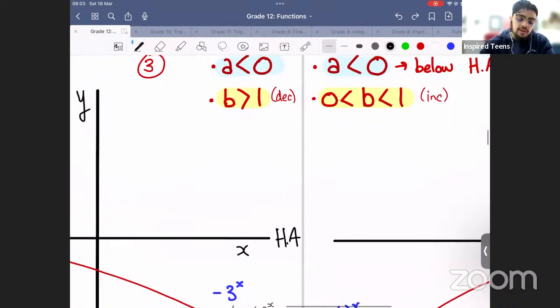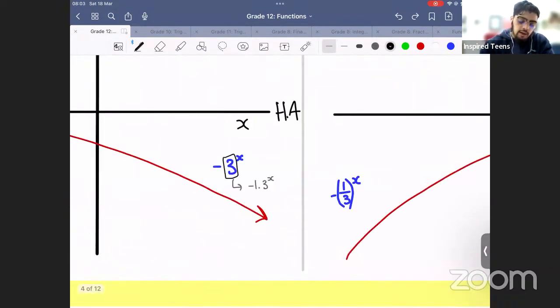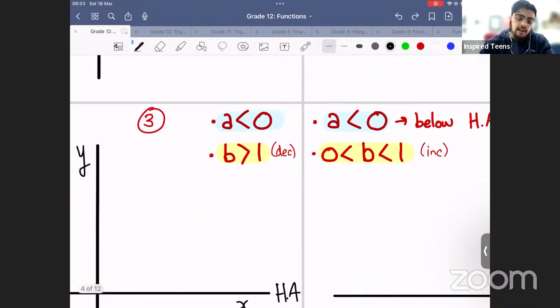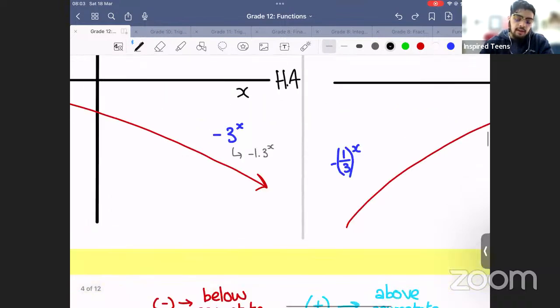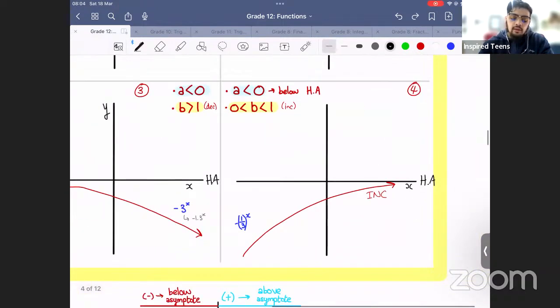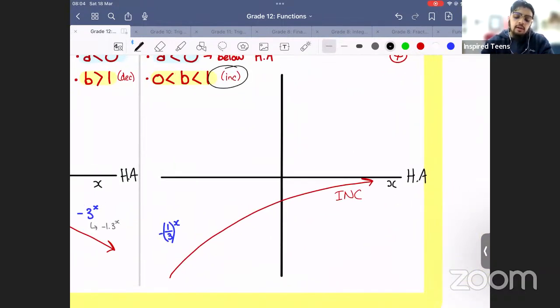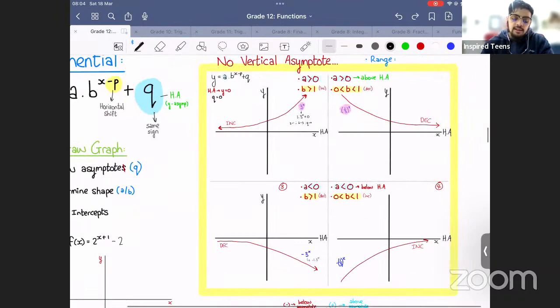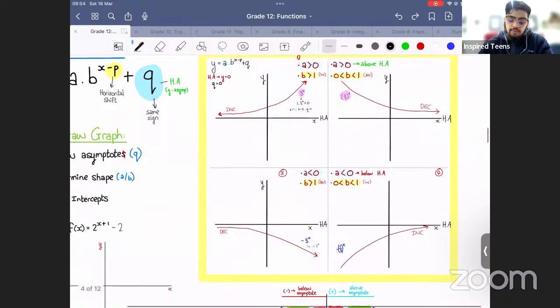Remember we're just considering b, so b is just 3, not negative 3. That's why we say it's greater than 1. You might be thinking negative 3 is not greater than 1, but we're just working with 3. The negative 1 comes from a. So when it's greater than 1, it's below and decreasing. When it's between 0 and 1, it's below and increasing. So the increasing and decreasing is opposite from top to bottom.